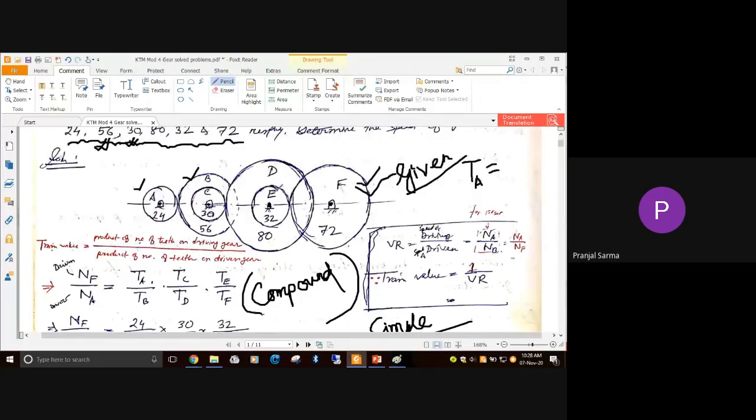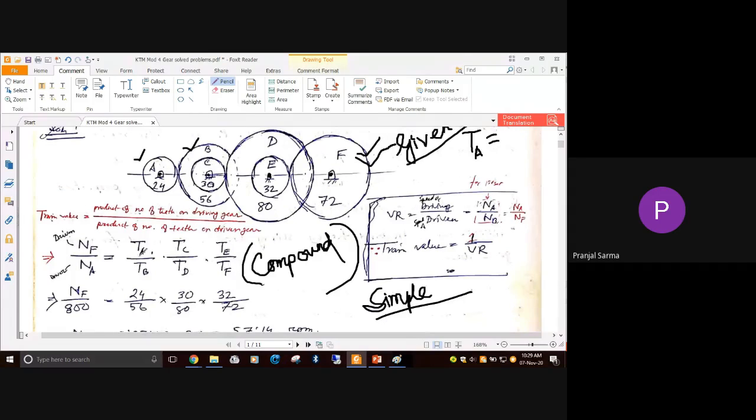Can anyone tell me which are the driving gears? Which are the driven gears in this arrangement? Sir, A, C, E. Driving or driven? Yes, correct, driving. So A, C, and E are the driving, and B, D, F are the driven.